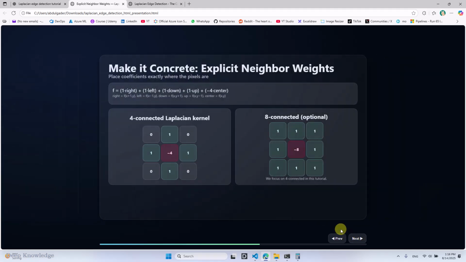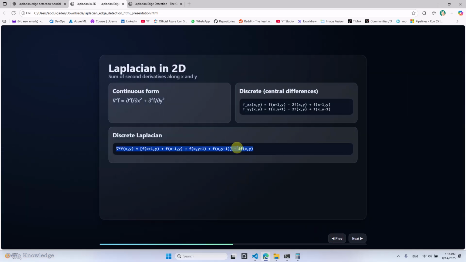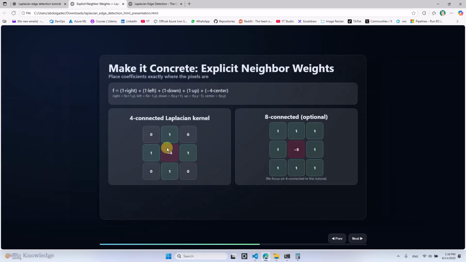Now let's see. This is the center pixel, which is minus 4. This is x, y, and this is the right one, x plus 1. This is the x direction, and this is the y direction.